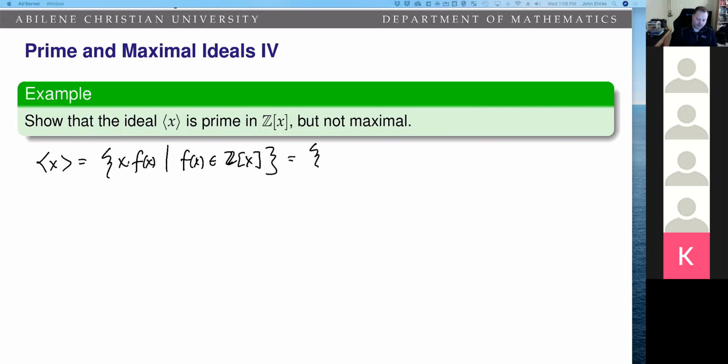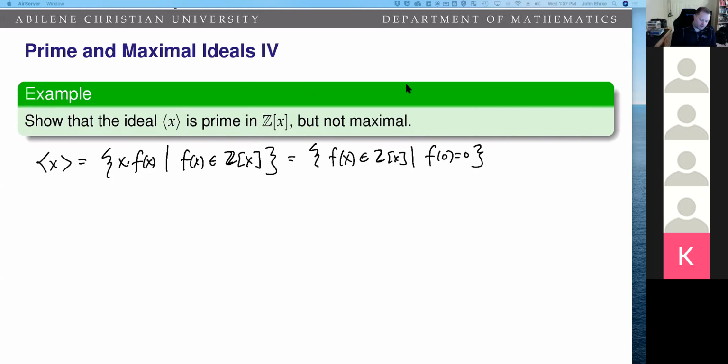We said that this is really just the same thing as all f of x in Z[x] where f at 0 is 0. The principal ideal generated by x multiplies every polynomial by x. So if you multiply a polynomial by x, you multiply the constant term by x, which means you have a 0 constant term. So these are all the polynomials with 0 constant term.